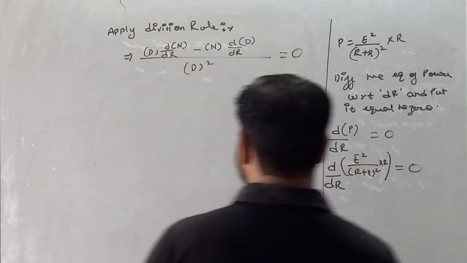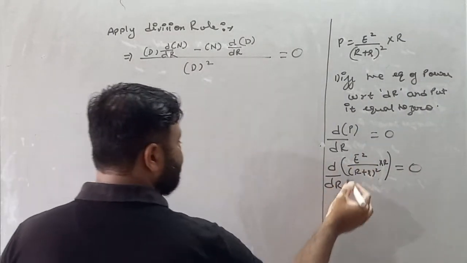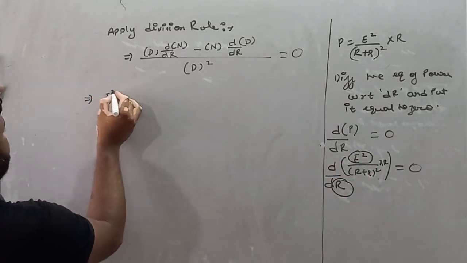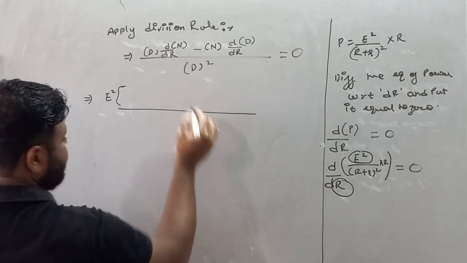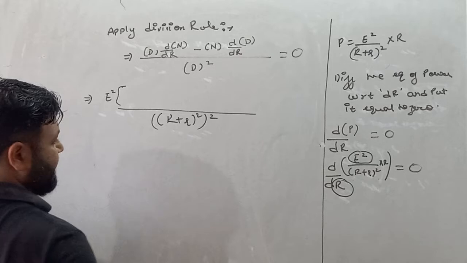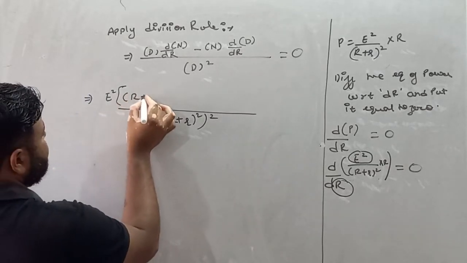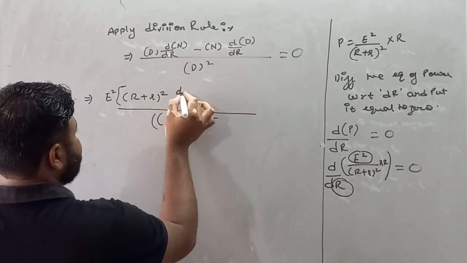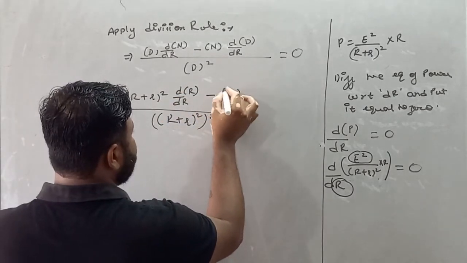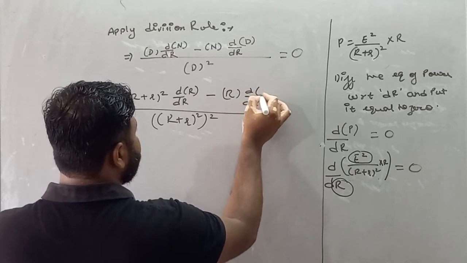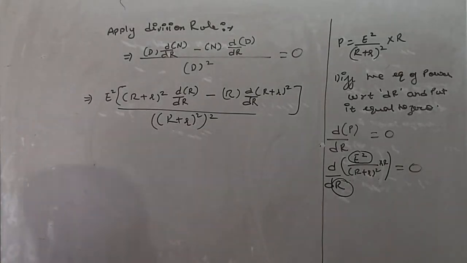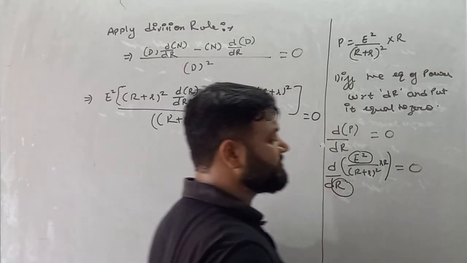Now see my dear student, as we are differentiating the power with respect to dR, this E is constant, so E² comes outside. The denominator squared gives (R+r)⁴. Denominator as it is, that is (R+r)², times d/dR of the numerator, minus the numerator as it is, times d/dR of the denominator, that is (R+r)², and this is equal to 0.